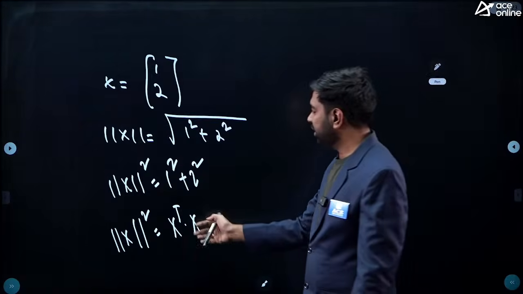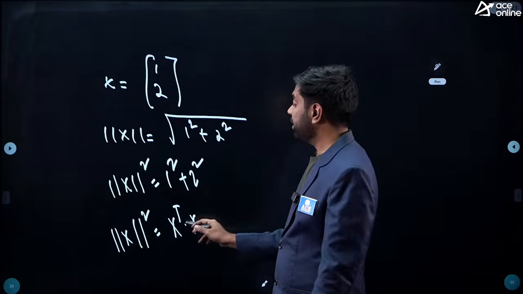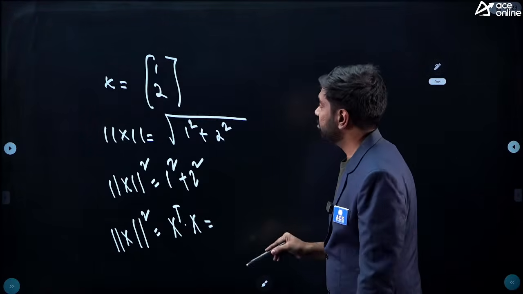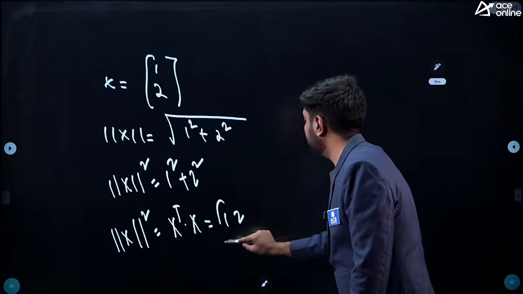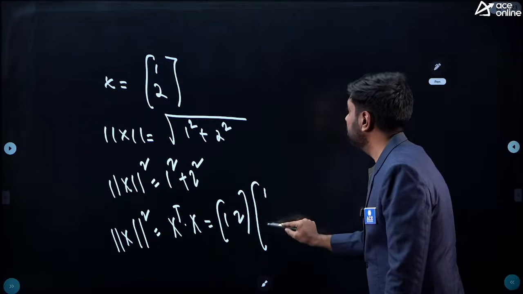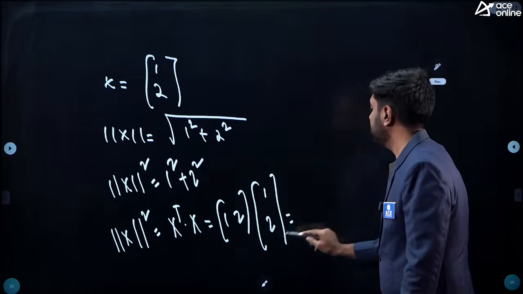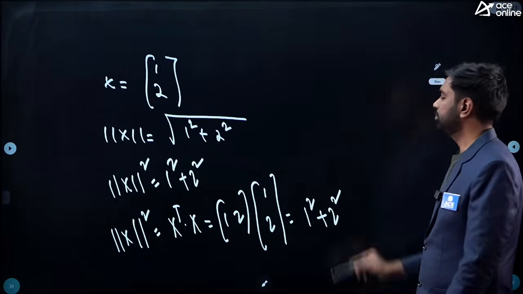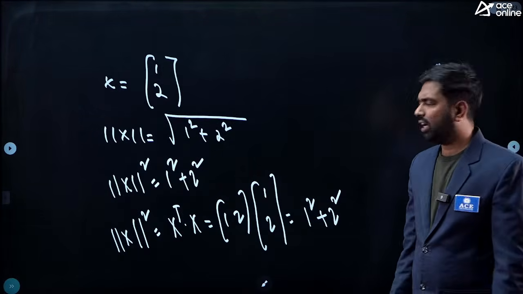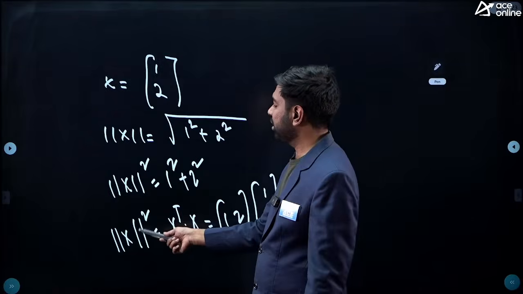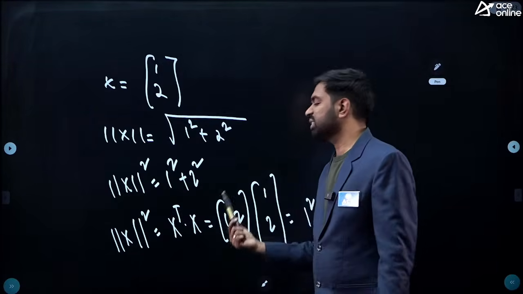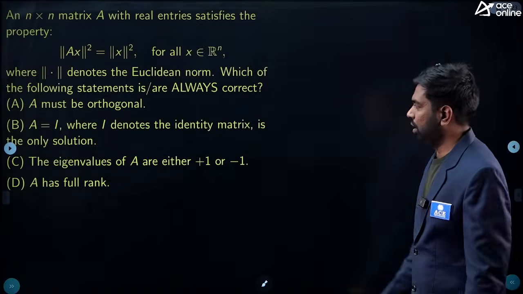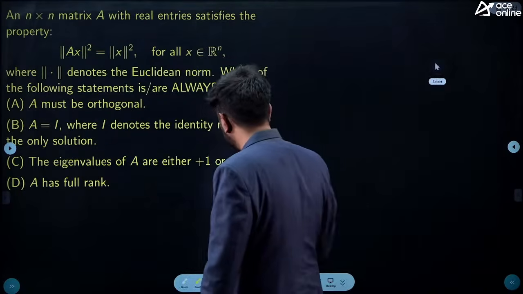When you find x transpose x, let's see what happens. x is a column vector, x transpose will be a row vector, 1 2, and then x is a column vector. This row into this column will give you 1 square plus 2 square. So you should know the fact that the norm of a vector square is simply x transpose into x. If you know this logic, you can easily solve this question.